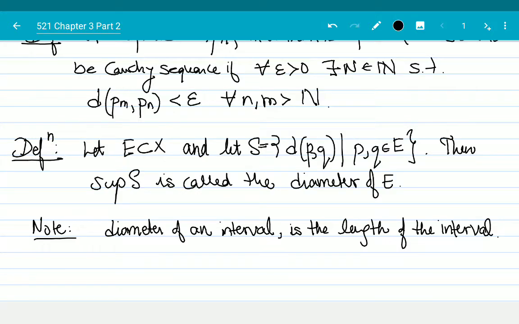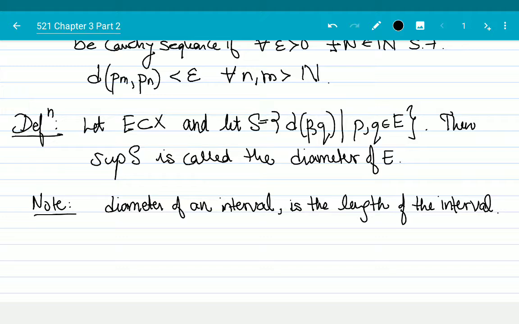Now, first, this is a note about diameter.